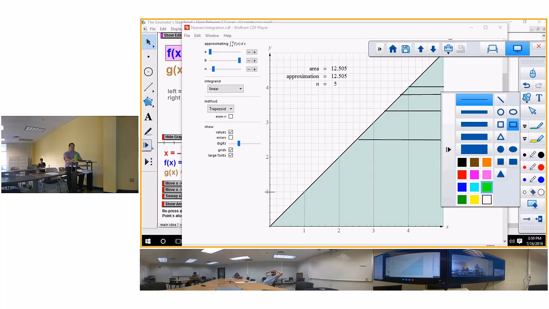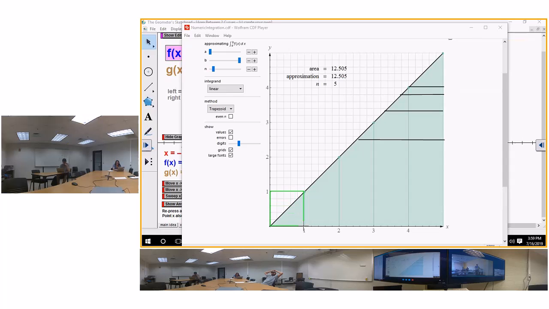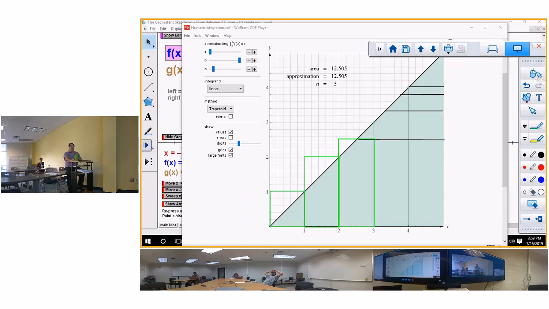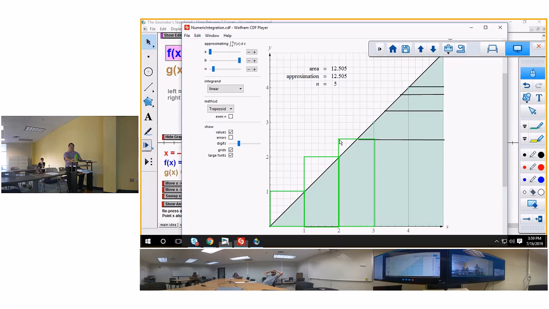If I make this a rectangle, and I make this a rectangle, and I make this a rectangle, and then I figure out the average and I say, well, to minimize the triangle here, I'm going to bring this down a little bit, and I'm going to take this triangle and add it to this rectangle, and add it to this rectangle, and add it to this rectangle, and I'm going to find the area under this curve by adding up these rectangles.